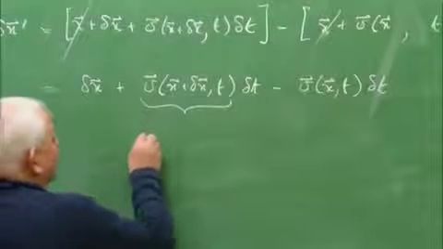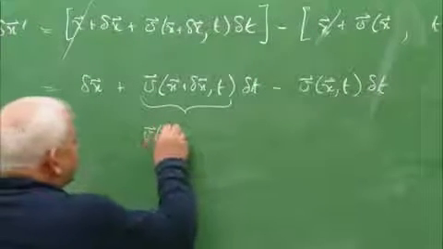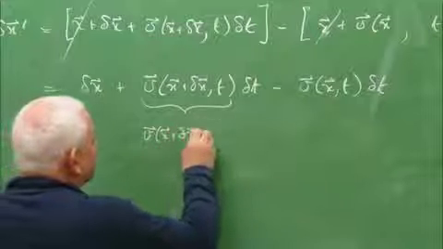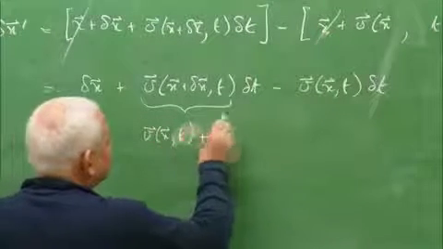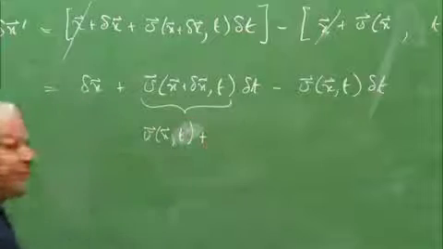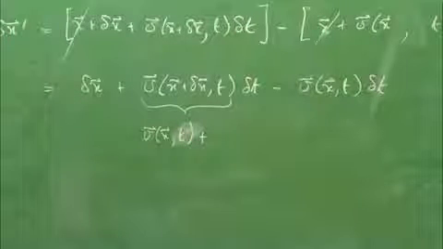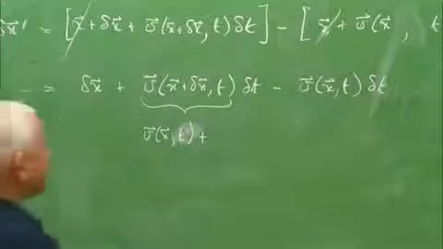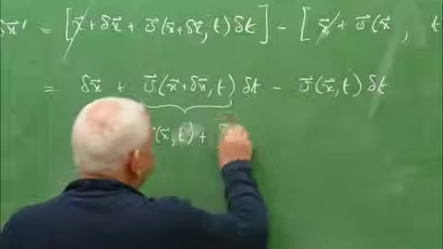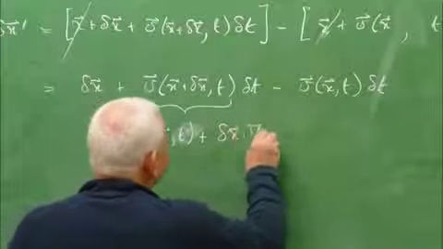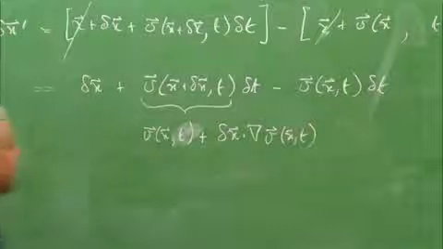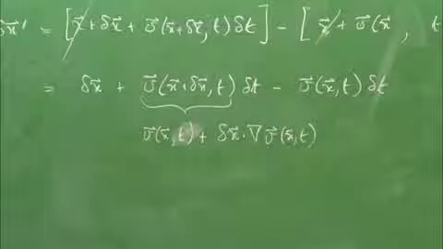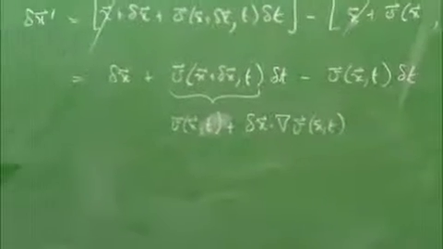And so this now becomes v at x and t plus, and I can now use the information that we've had from our previous two calculations. This becomes delta x dotted with lambda on v at x and t. So I've shortcutted the calculation. Make sure that you know how to get what I've written over here.